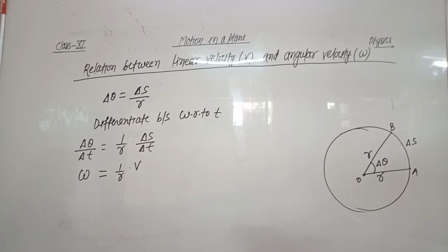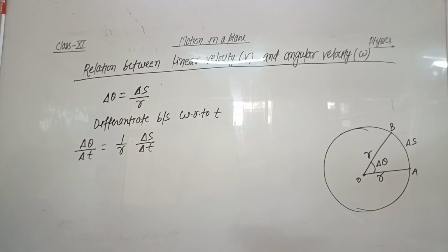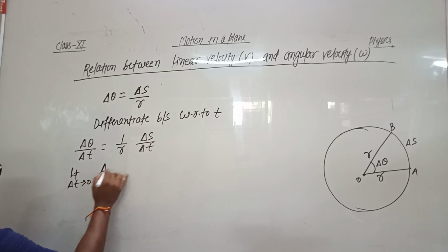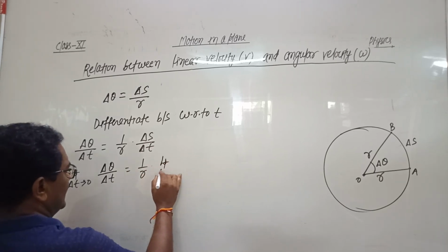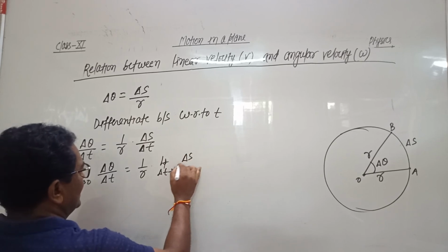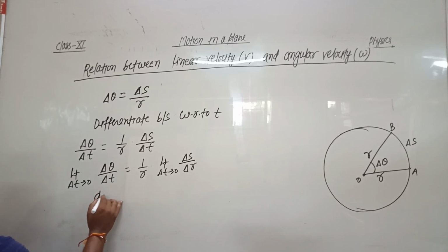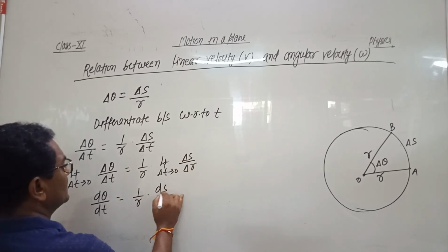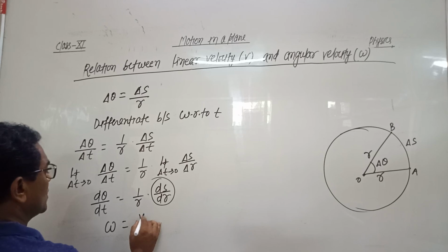Now taking the limit on both sides, as delta t tends to 0, delta theta by delta t becomes d theta by dt, and delta s by delta t becomes ds by dt. d theta by dt is called omega, and ds by dt is called linear velocity.